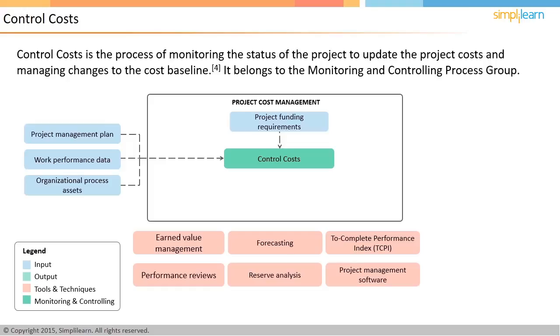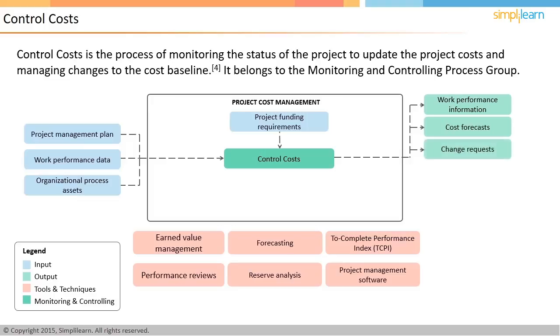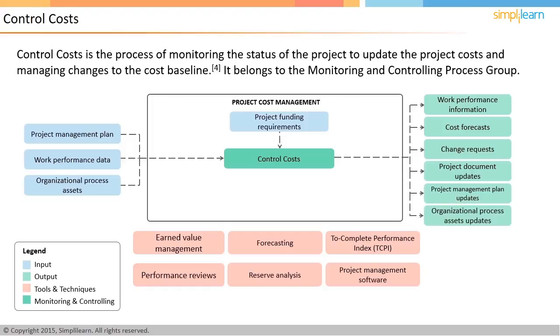The key outputs of this process are work performance information in terms of cost variance, CV, schedule variance, SV, and earned value, EV, and forecasts about the cost performance. This process may also result in change requests arising out of cost control measures, as well as updates to project documents, the project management plan, and organizational process assets.